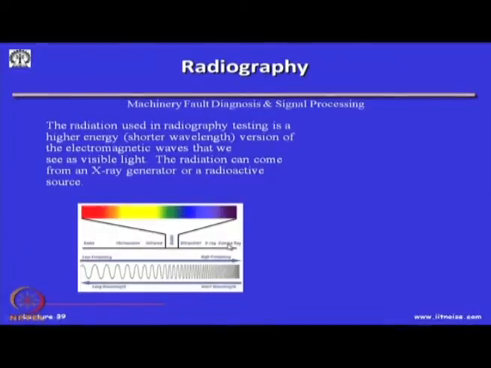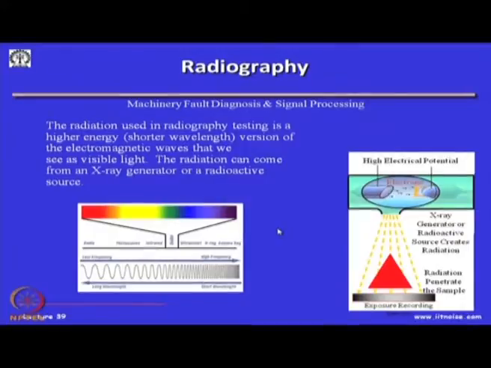Then we have the X-rays and the gamma rays. So, the gamma rays have shorter wavelength and are more powerful, X-rays are a little less powerful than the gamma rays, and this is how they are positioned in the electromagnetic spectrum. Now, mind you, the speed of all the waves is the same as the speed of electromagnetic waves, and that is 3 × 10⁸ meters per second.